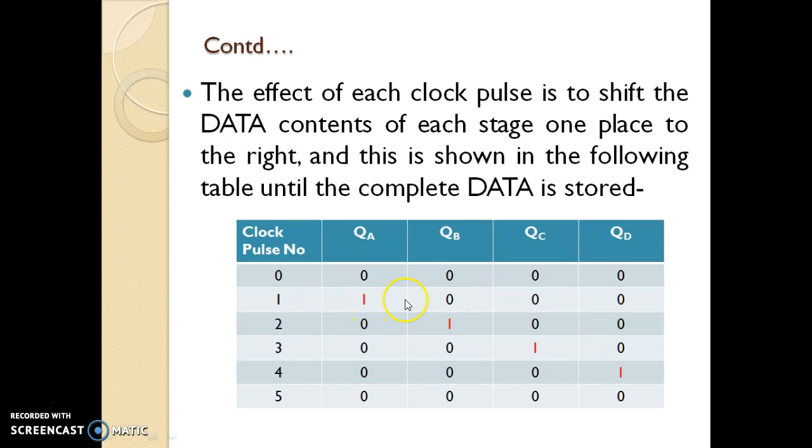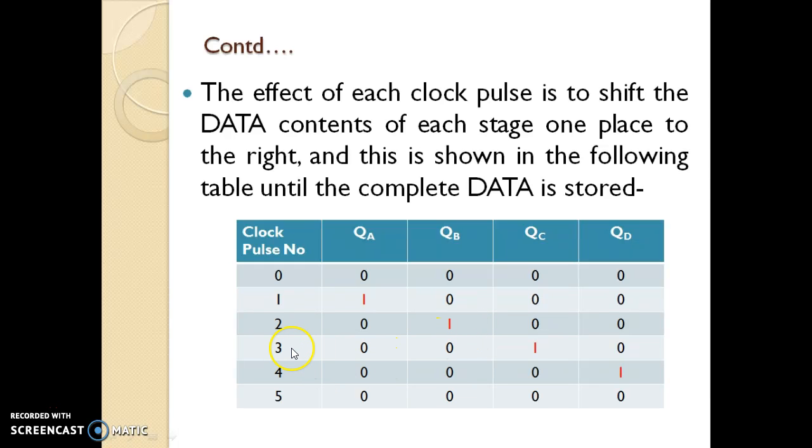Now when the second clock pulse comes, this data will get shifted towards the right and will be available at QB, that is the output of the B flip-flop.